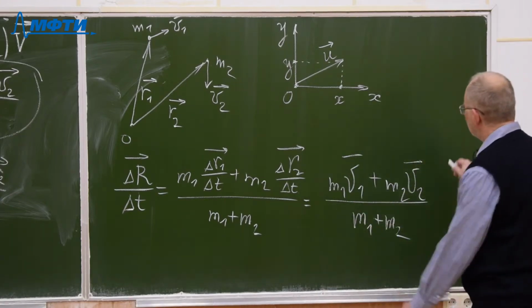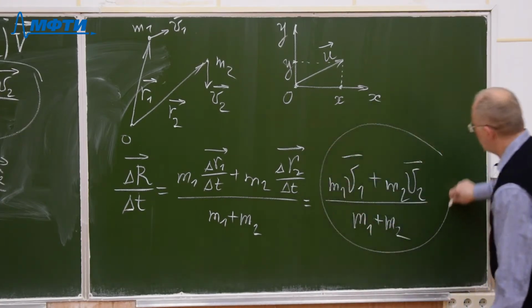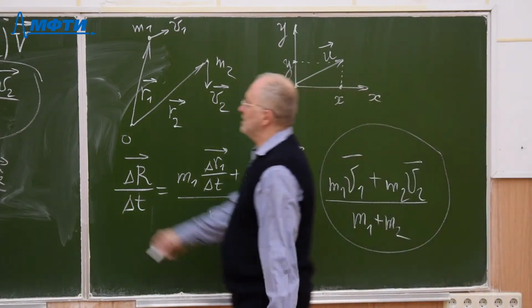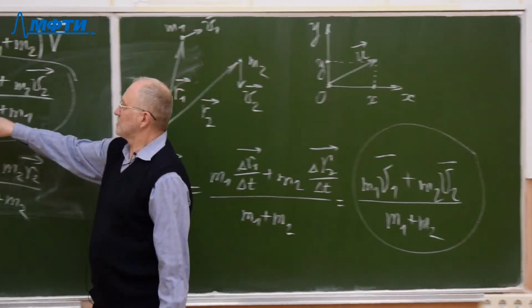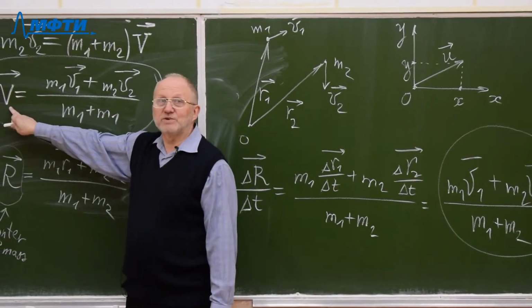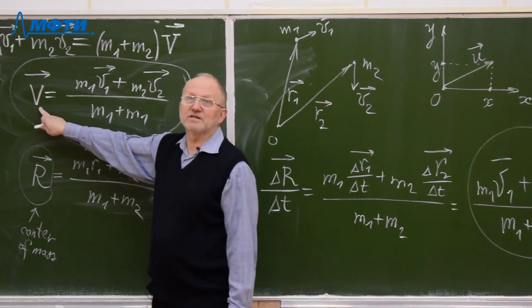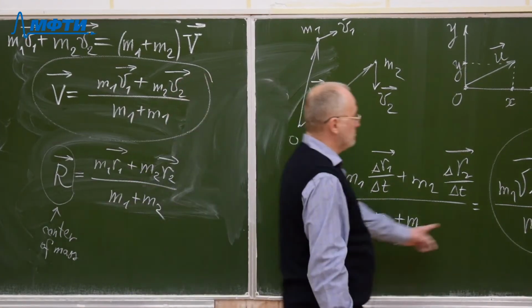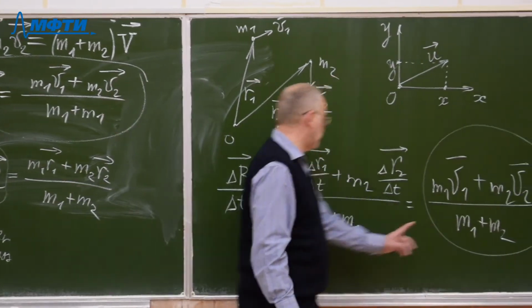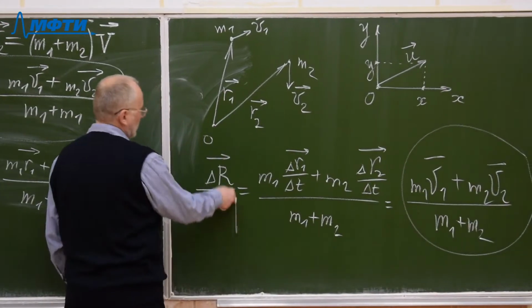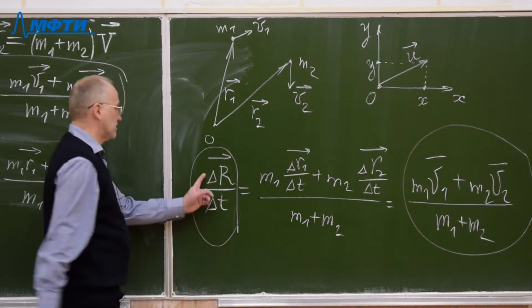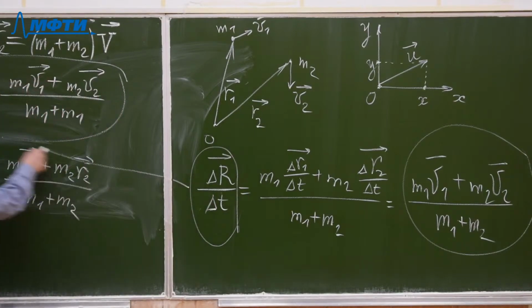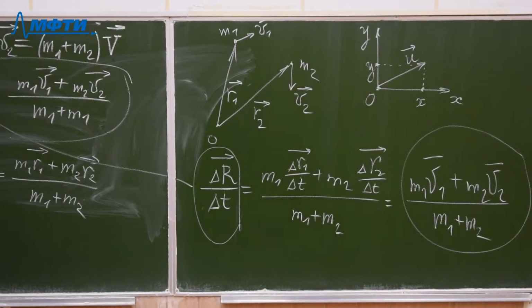So what we obtained here is exactly the velocity of the compound particle if two particles have collided and stuck together. And the same formula is here. So the meaning of this rate of change of this coordinate is just the velocity of the compound particle.